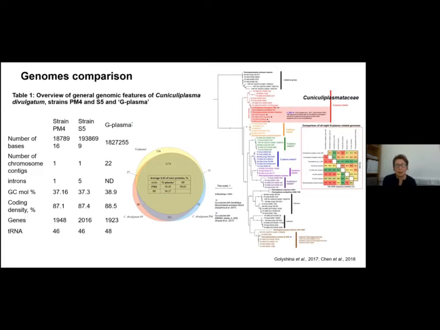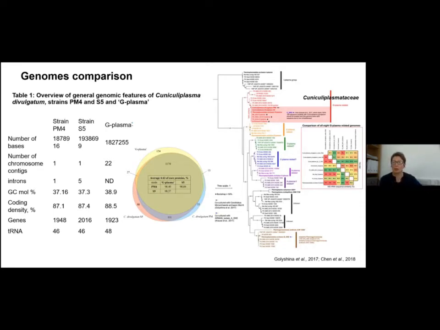What lesson did we get from the comparison of genomes of two strains of Cuniculiplasma and of the metagenomic assembly G-plasma from Iron Mountain? Despite the difference between places of isolation of all these organisms, they have pretty similar genome sizes, and certain differences can be seen here in the average amino acid identity of core proteins in the center of this picture.